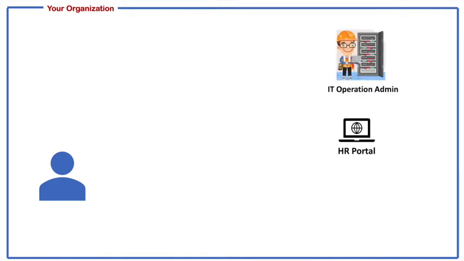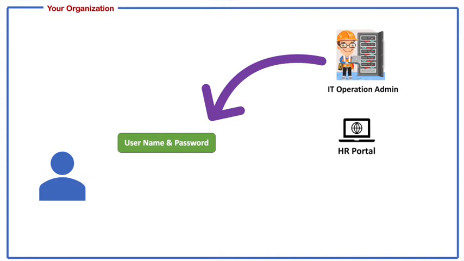He will communicate to the IT operation admin team, and the admin team will create the username and password to access the HR portal, and also they will authorize the access to the HR portal. It's okay now.